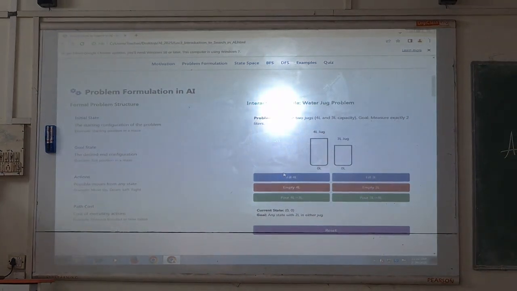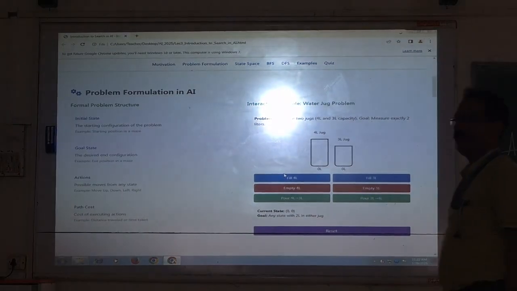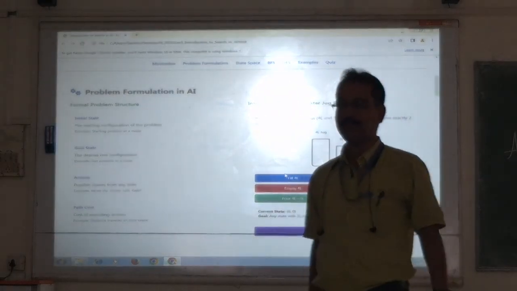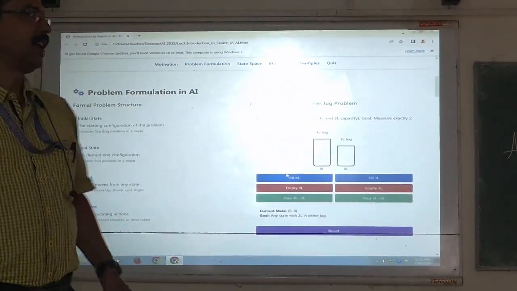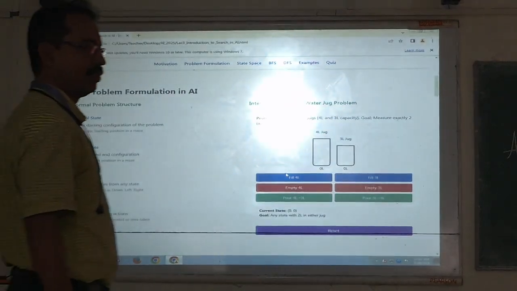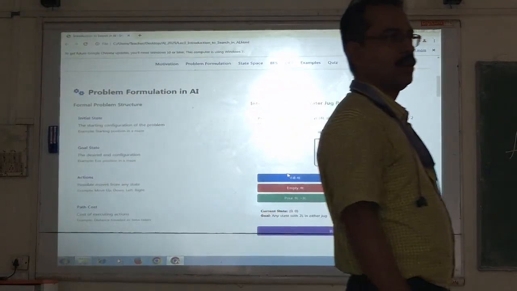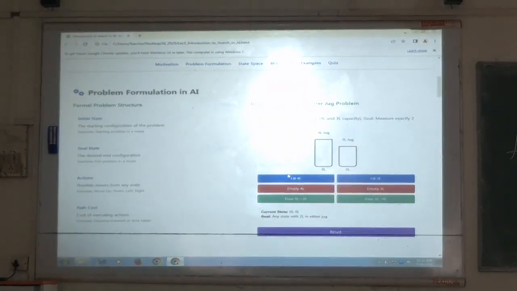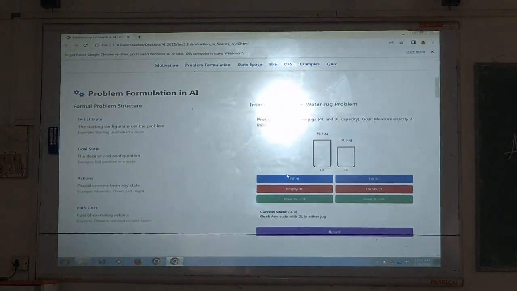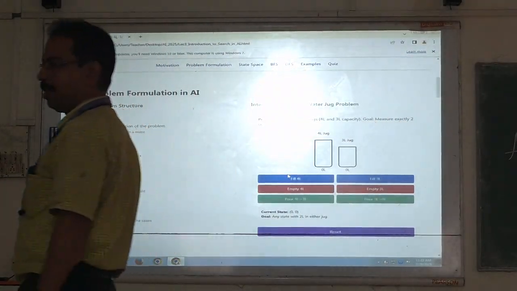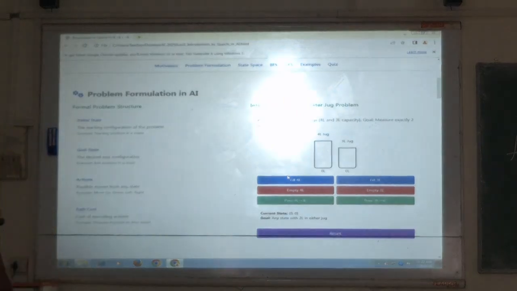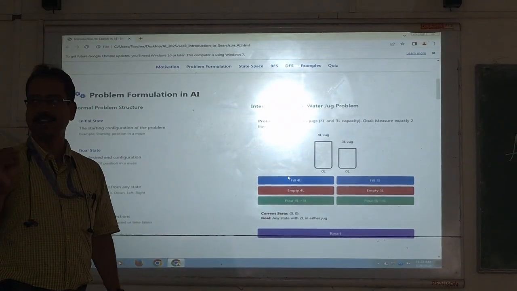If you search, the problem may come in different varieties or more complexity, but I have taken the simplest example: there are two jugs. One can store water of a maximum capacity of 4 liters and the other a maximum capacity of 3 liters. Now you can perform any valid action.